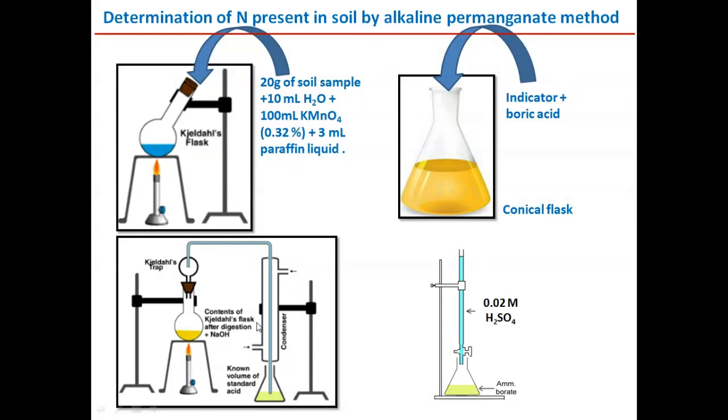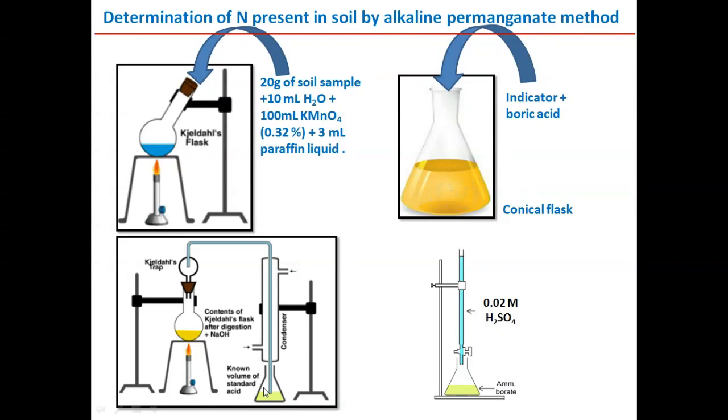So we just need to condense the gaseous ammonia to liquid ammonia here, and here it contains a known amount and known concentration of boric acid in the conical flask. Once the ammonia is condensed in this, this boric acid is converted into ammonium borate. So this is the reaction which is taking place in the conical flask.